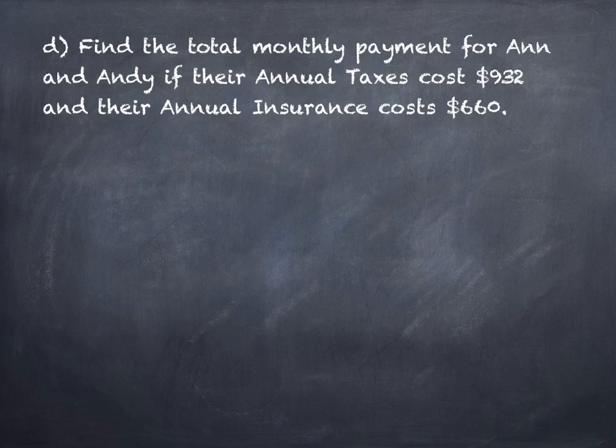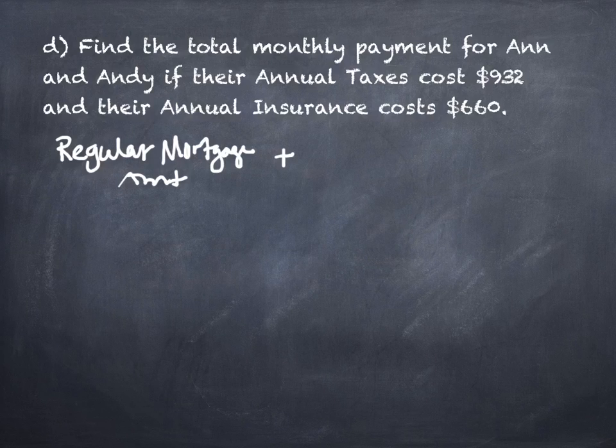The first thing is their regular mortgage amount. How much they pay in the regular mortgage amount. That was the $592.89 we found before. We also have the cost for their insurance, and we have the cost for their taxes. And it affects all three.